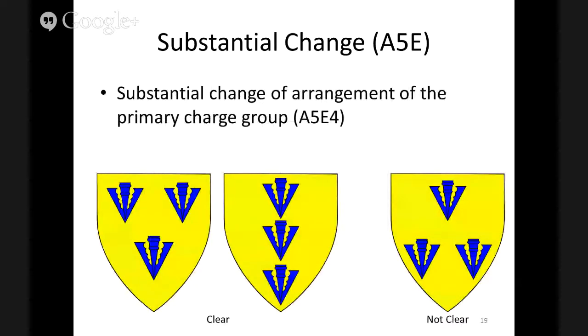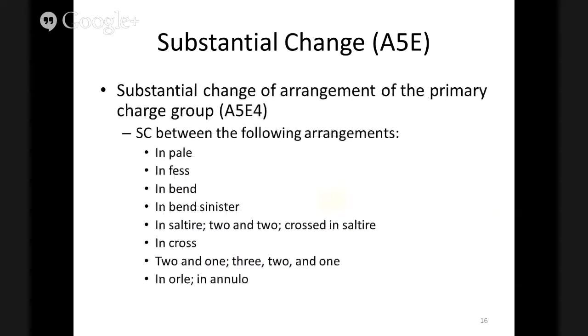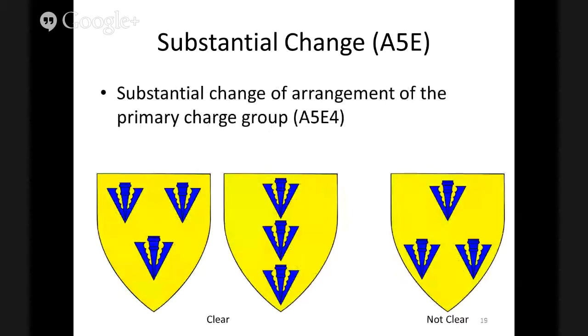How about the rightmost one? What's the arrangement there? That's 1 and 2. Okay? The first one is 2 and 1, this one's 1 and 2. But guess what? 1 and 2 is not on our list. And the reason that it's not on our list is that it's an arrangement that's pretty much not used in period heraldry.